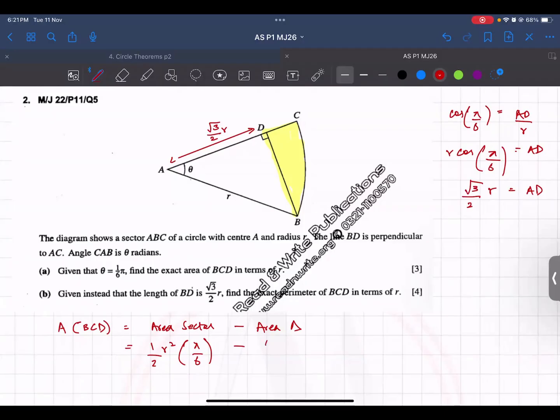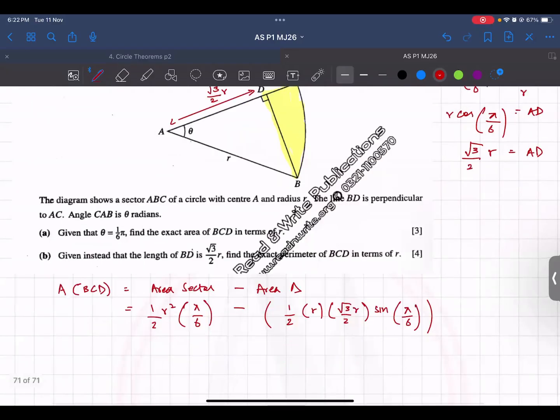So the area of triangle would be half AB sine C. So half, R and root 3 by 2 R, into sine pi by 6: the two sides and the angle between them. R and root 3 by 2 R multiplied by the sine of the angle between the two sides that you know.